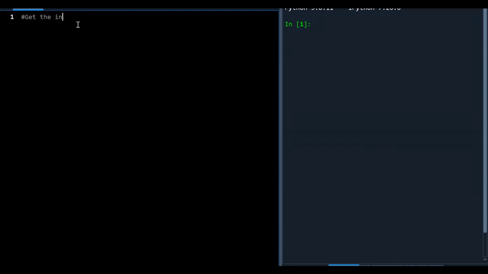I need to get the input from the user. Remember, anything after this hashtag is not executed. It's just there to guide us through the process. I need 3 inputs. I need the length, and we decided that was a floating point value.